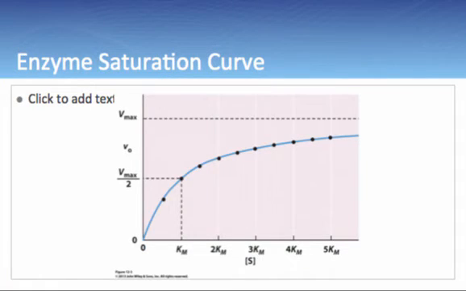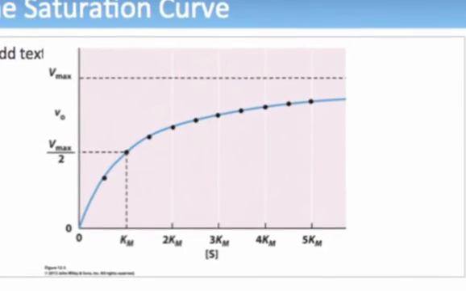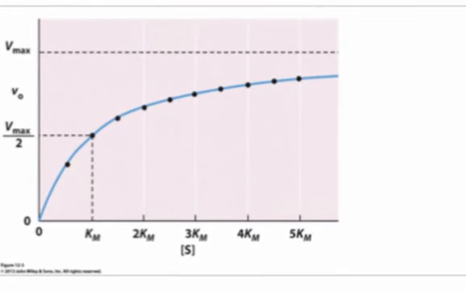Like I said, this is an enzyme saturation curve. We're going to be looking at this a lot. You can plot these once you have a few points that you understand. This shows the maximum rate at which an enzyme can act on a substrate. The x-axis is substrate concentration, and the y-axis is the velocity of the reaction.